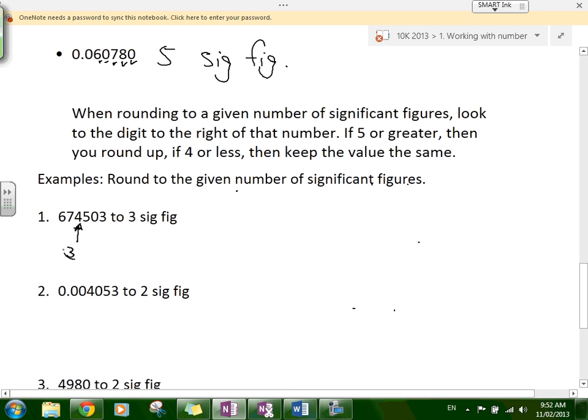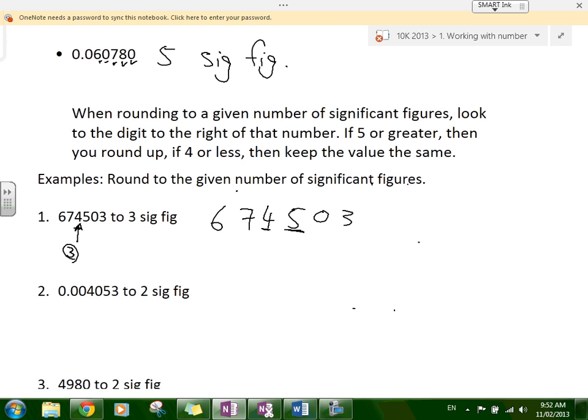Alright, so that's the third one. And so we look at the next one along. So we need to look at this one. Because the fourth significant figure is 5, what's going to happen when we round it? It's going to go up.